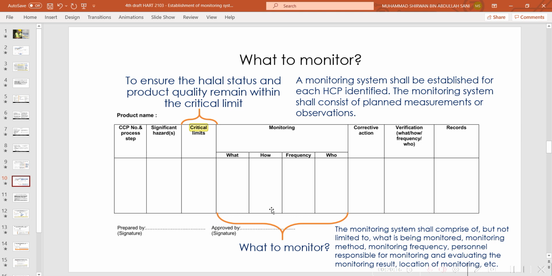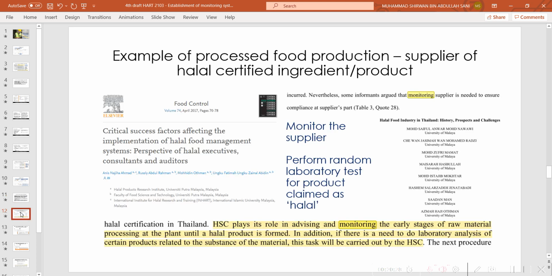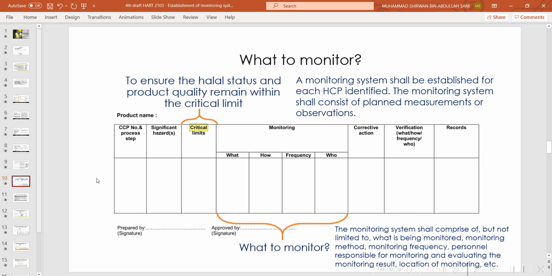All right. So what to monitor? There are four sub-columns under the monitoring column, which is the first one is what, how, frequency, and who. So what do you want to monitor? In the case of chiller or freezer, the aspect that you need to monitor definitely is the temperature.